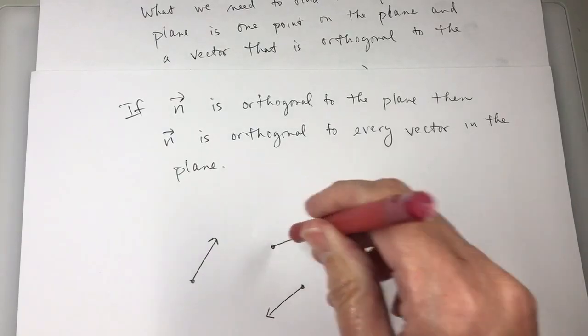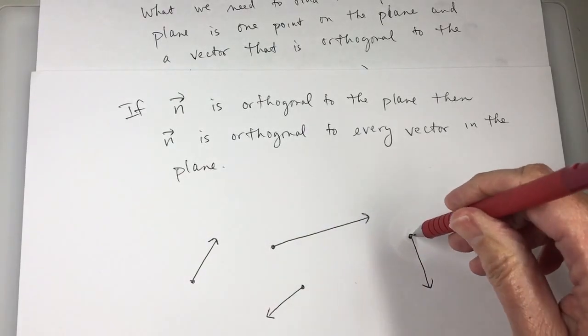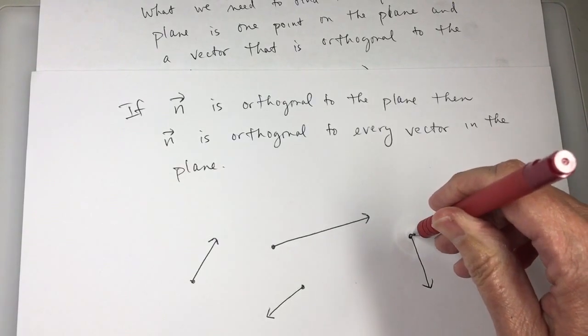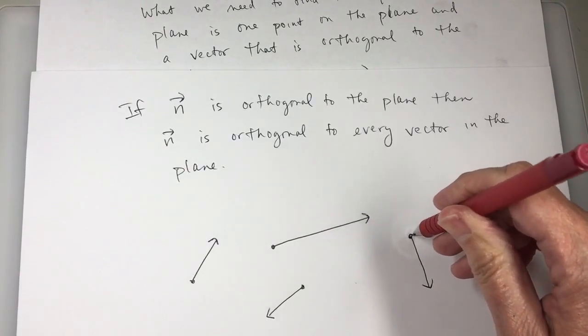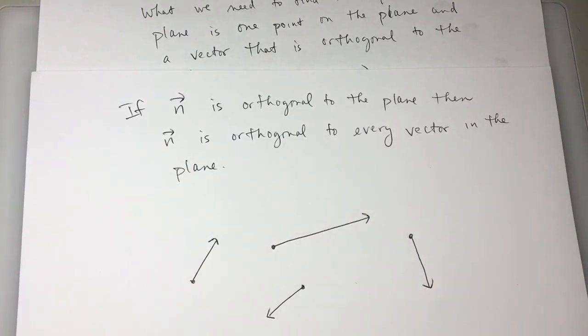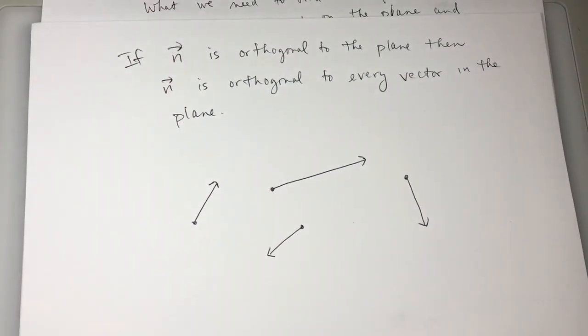So a vector orthogonal to the plane is going to be orthogonal with every vector in the plane. Well, what do you know about the dot product of two vectors that are orthogonal? It's 0. And there's your equation for a plane right there.